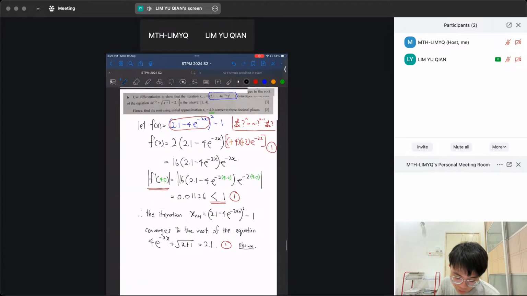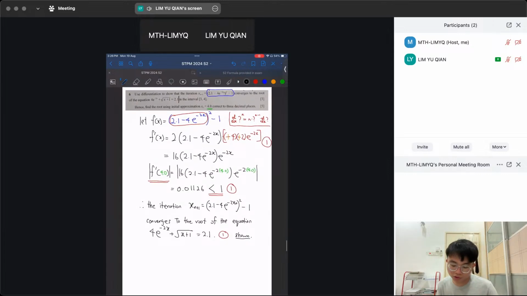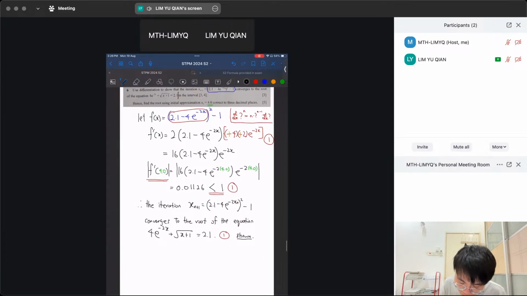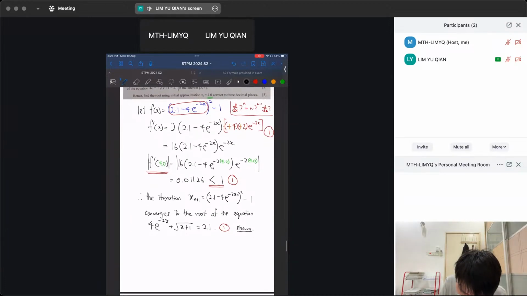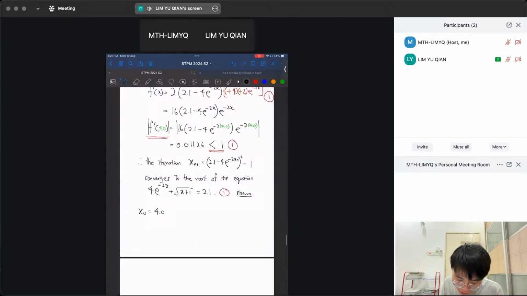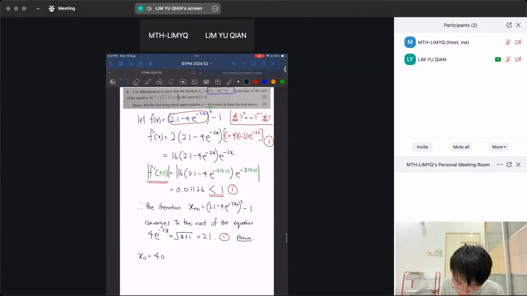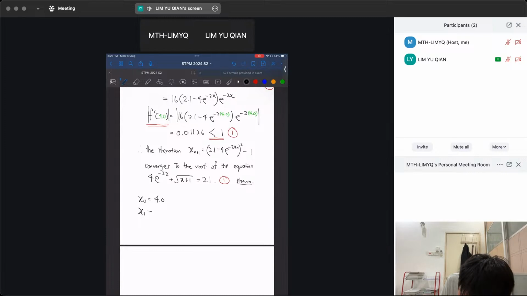Okay, hence find the root using x0 equal to 4.0. This one everyone should know, correct to 3 dp. Okay, so let's use this formula, x0 equal to 4.0. We must show at least 2 times the calculation. Okay, xn equal to this. So x1 equal to 2.1 minus 4e negative 2 times 4.0, square, minus 1.